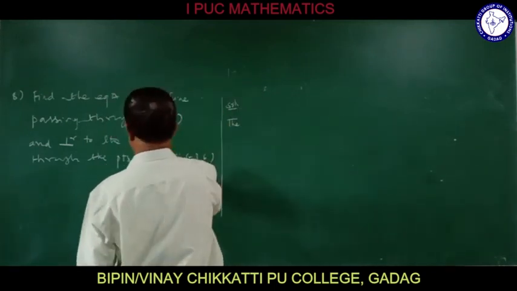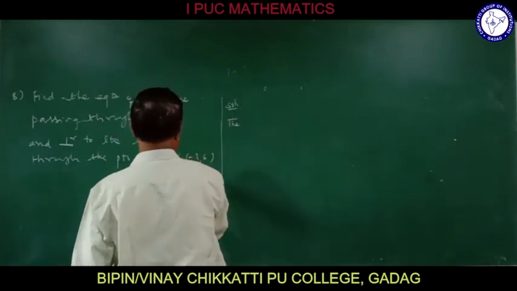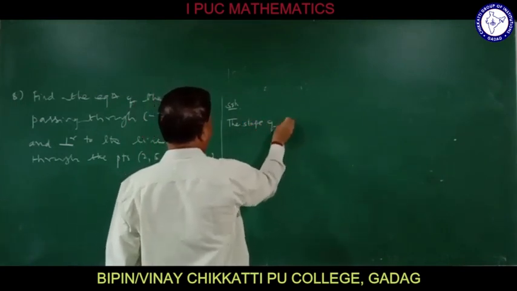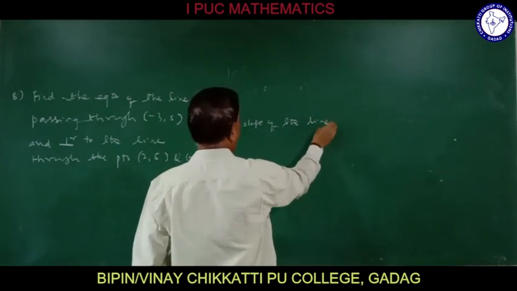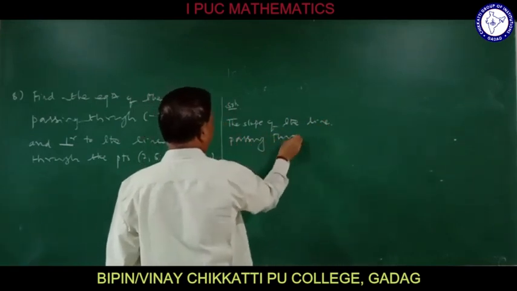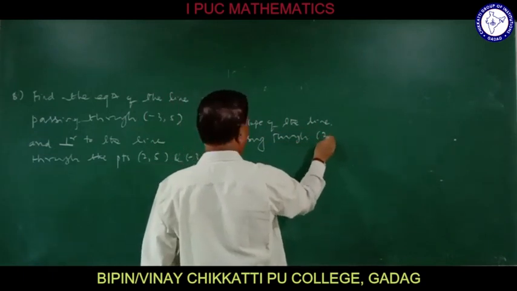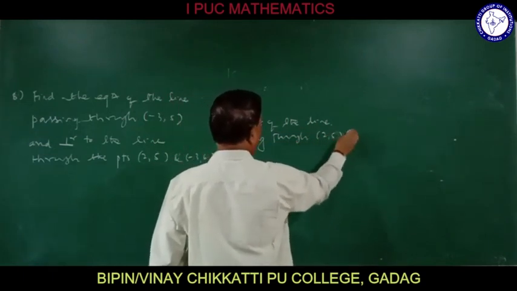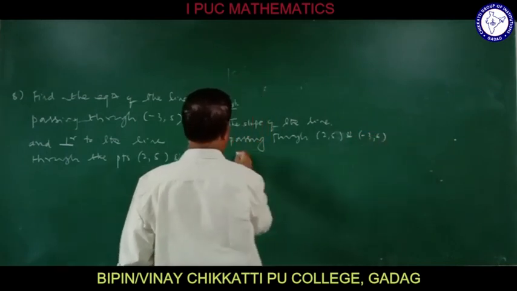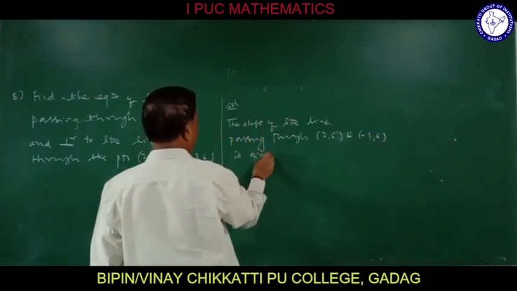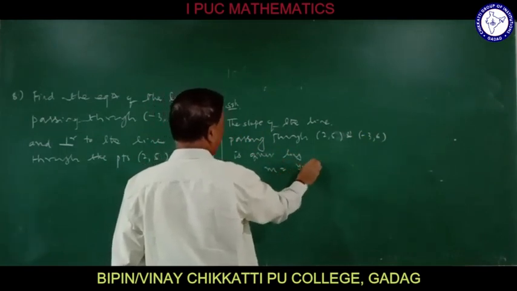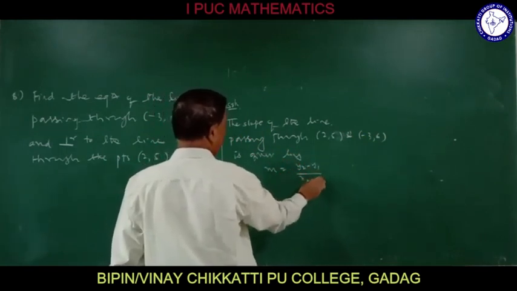Look, the shortcut: the slope of the line passing through (2, 5) and (-3, 6) is given by m = (y2 - y1)/(x2 - x1).